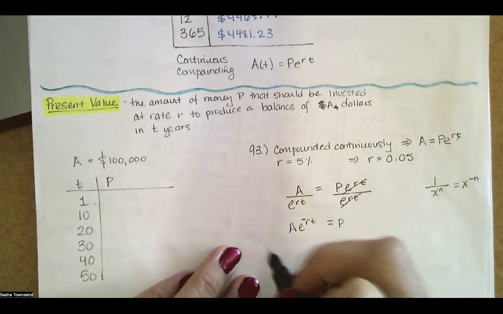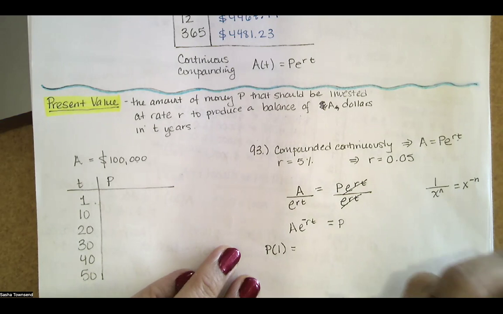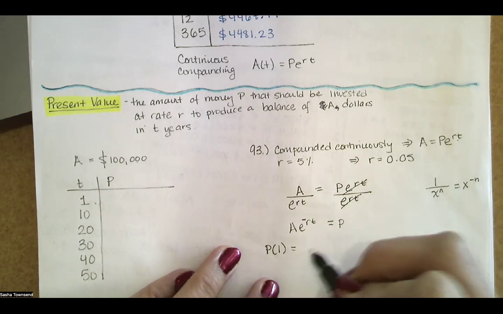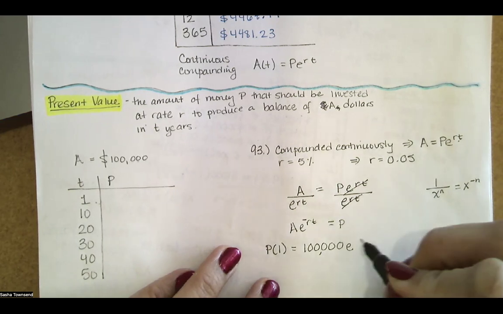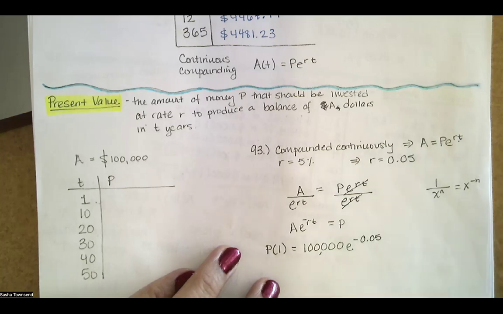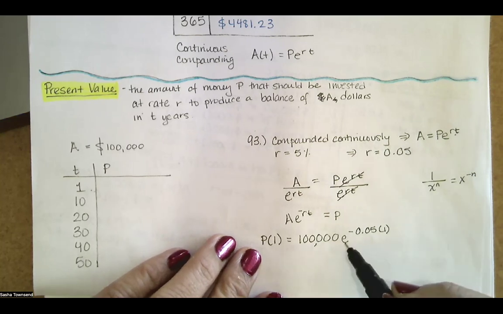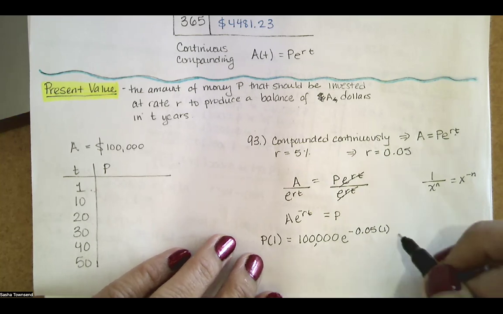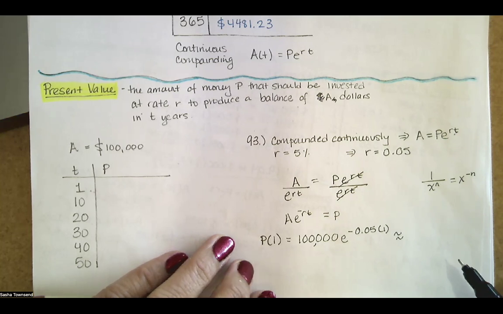So for t equals 1 year, I'm saying 1 year in the future, I'd like to have $100,000. According to this formula, we should just substitute 100,000, multiply by e raised to the negative r, which is 0.05, times t. If t equals 1, we get $100,000 times e to the negative 0.05. I don't know exactly what that number is, but we can use Desmos to evaluate that.